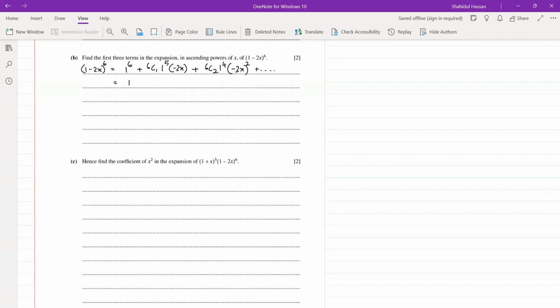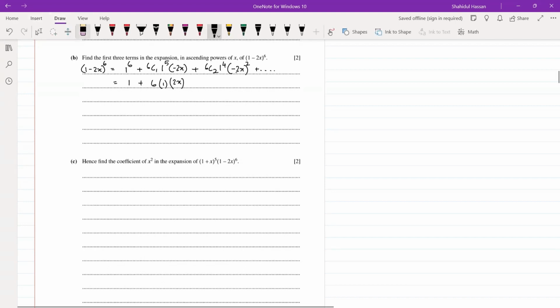1 to the power 6 is 1, 6c1 is 6, 1 to the power anything is 1, minus 2 to the power x is twice x. I take the minus in front, so the net sign will be minus. Next, you have minus 2x whole squared, which will become positive, so the net sign will be plus.